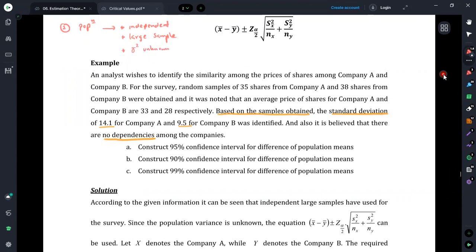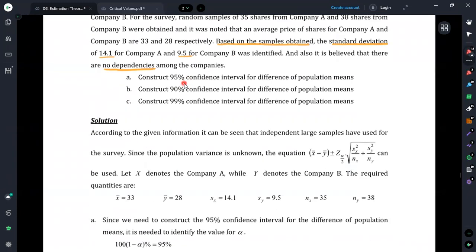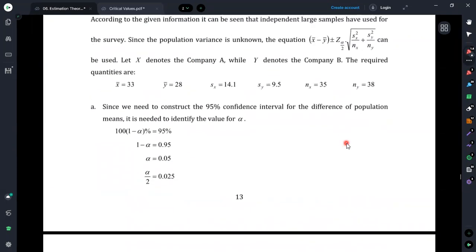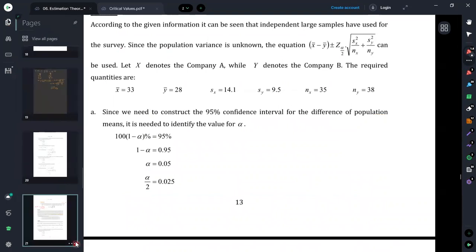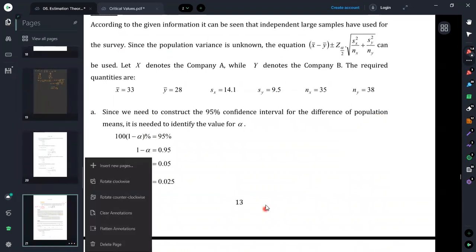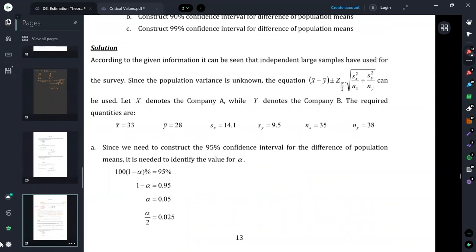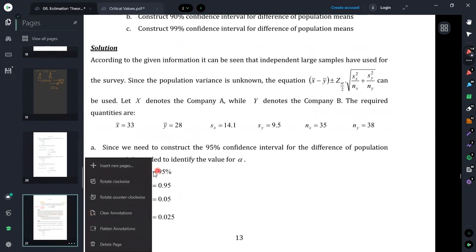Since sigma squared is unknown, we have to replace sigma squared with s squared, where s squared denotes the sample variance. Then the solution for this example can be obtained by using the equation that we have discussed previously.